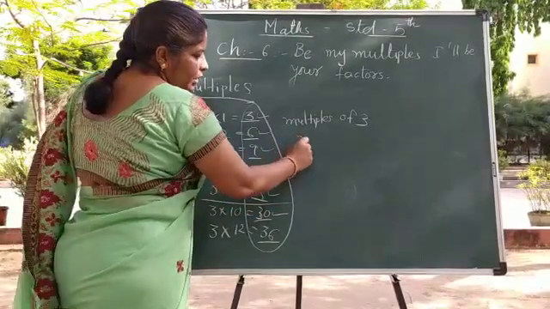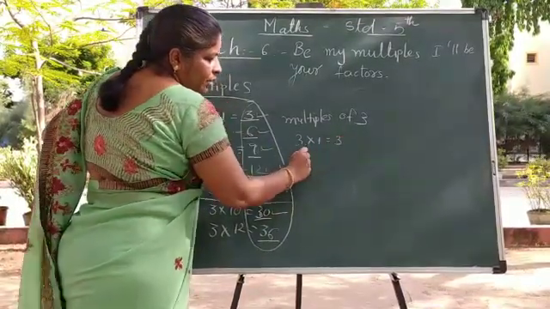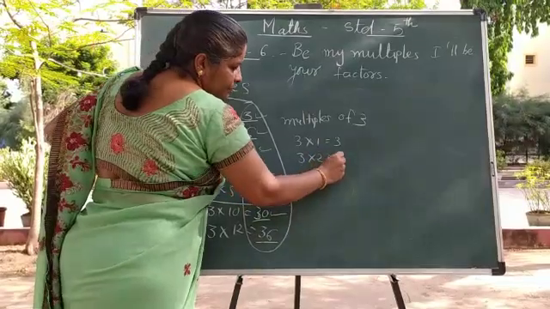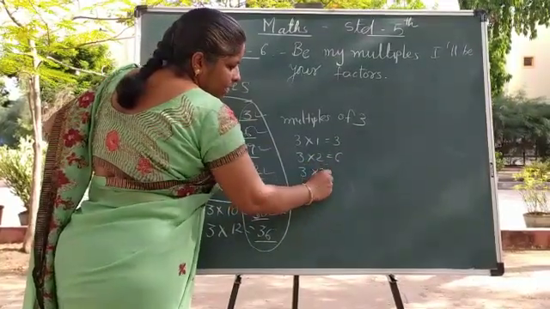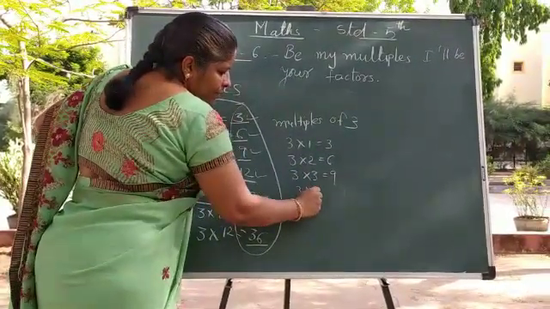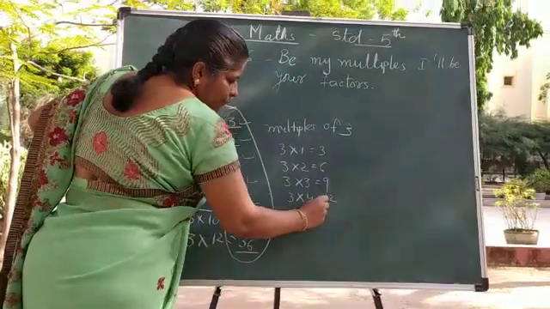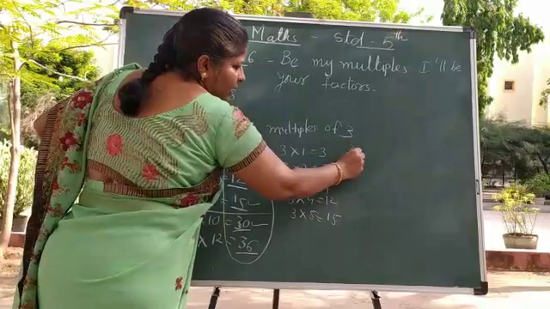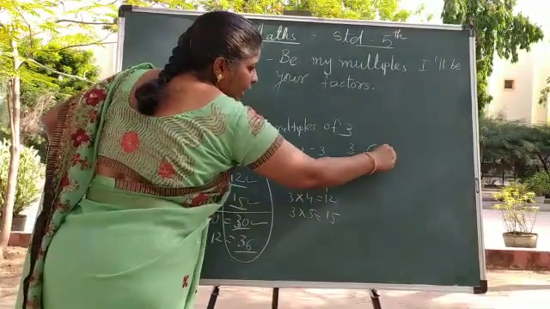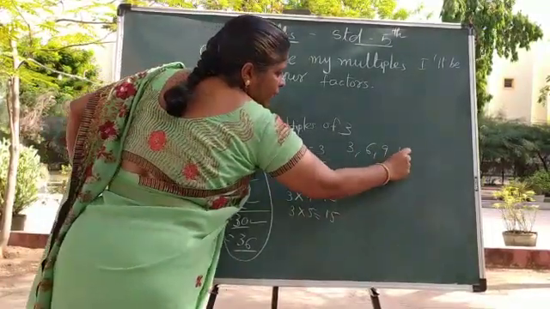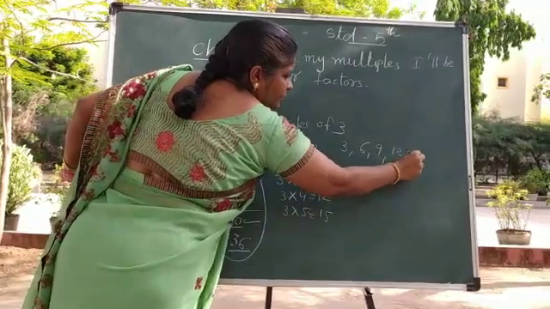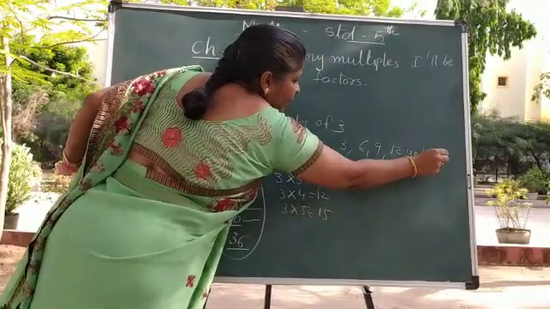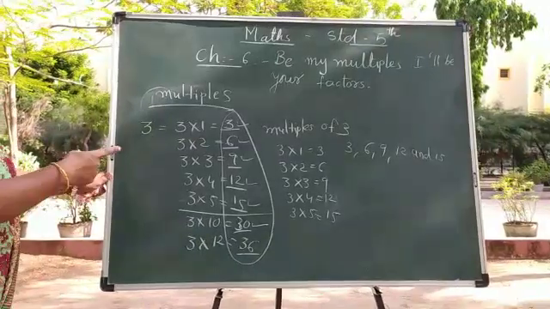That means 3 ones are 3, 3 twos are 6, 3 threes are 9, 3 fours are 12, 3 fives are 15. So 3, 6, 9, 12 and 15 are the first 5 multiples of 3.